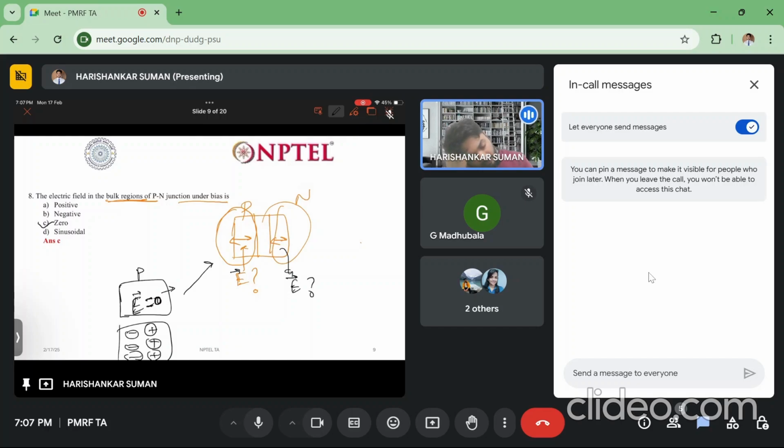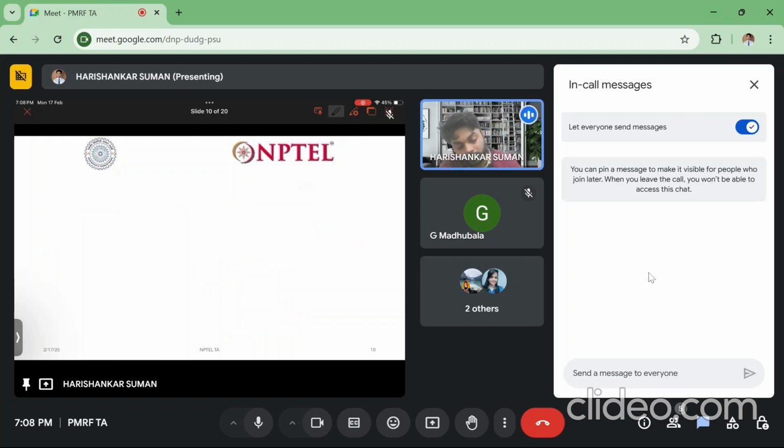They can randomly distribute and overall will be zero. There is something, but in bulk there is no gradient. Only the depletion region gradient will be there, delta V. This gives us the electric field, the built-in potential. Okay, let's move on to the next question.